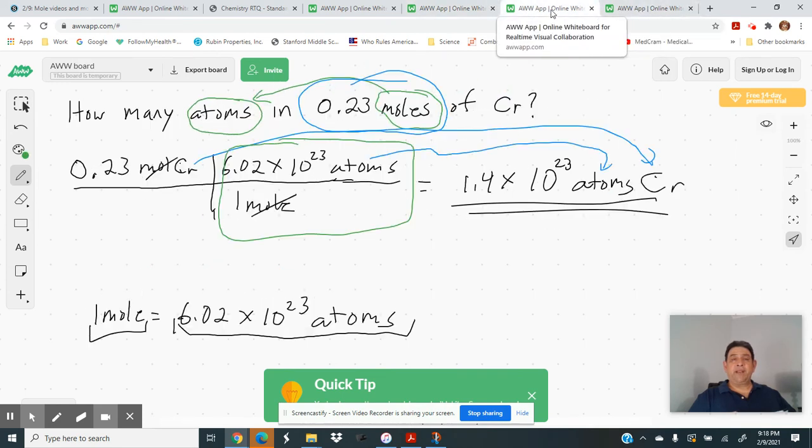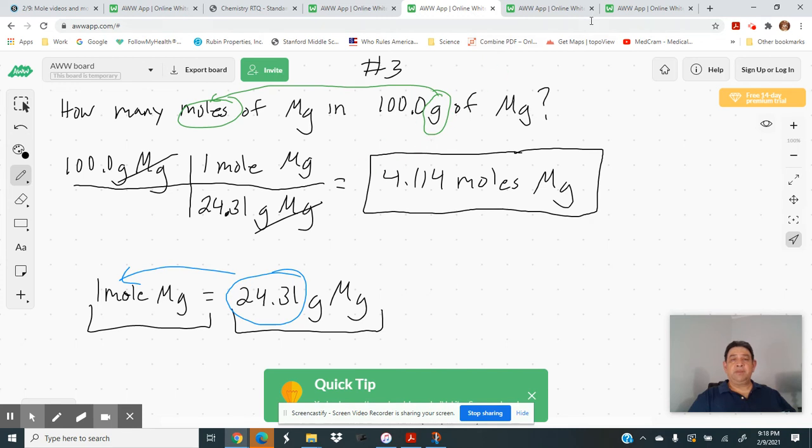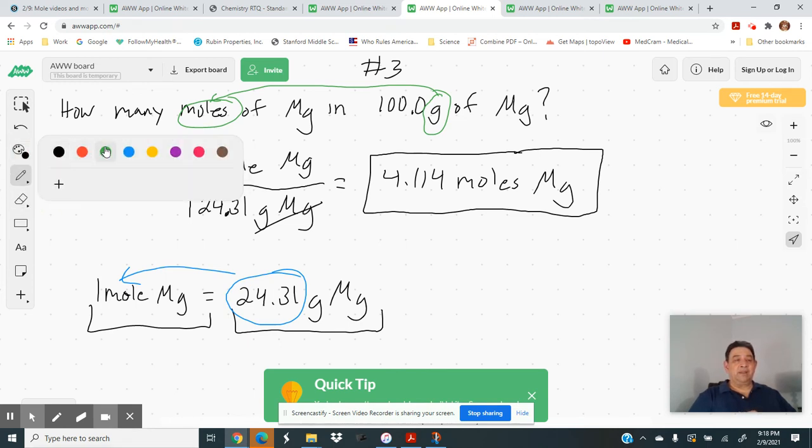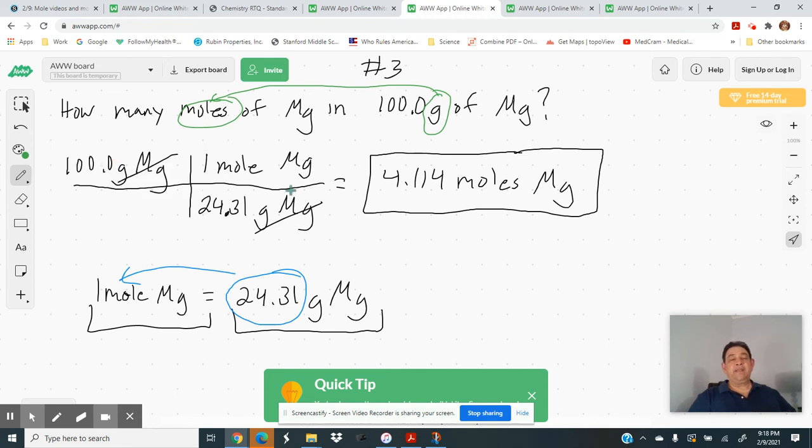By the way, I forgot to mention, when you go to these last two, between grams and moles, I don't want to say that the conversion factors are complete inverses of each other because we're using different substances.